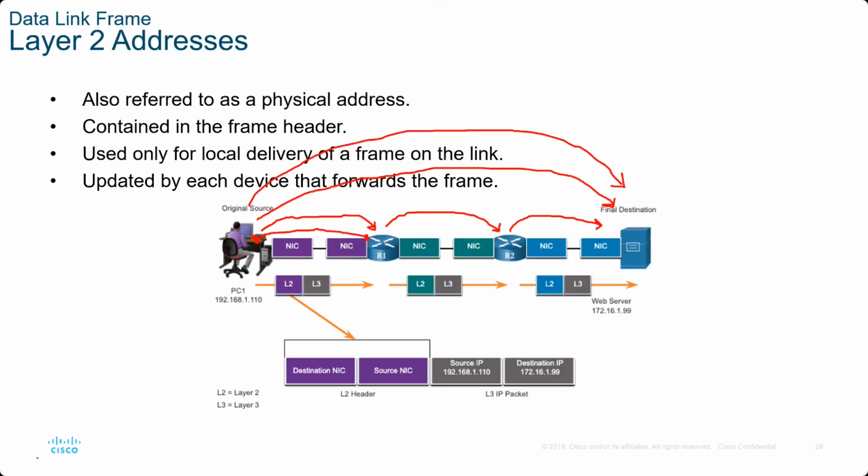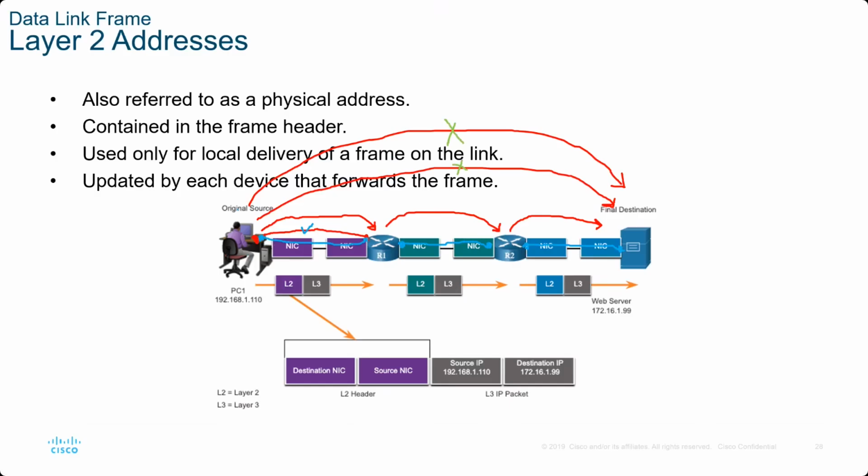That responsibility does not belong to the layer 2 frame. Its job is only from one NIC to another NIC, then again from one NIC to another NIC, then again from one NIC to another NIC. So after each hop, the data link layer is only providing a solution on how to get to the next NIC. That's it.